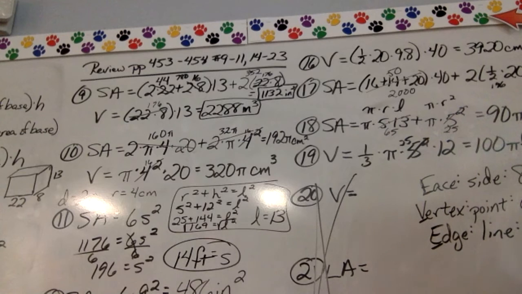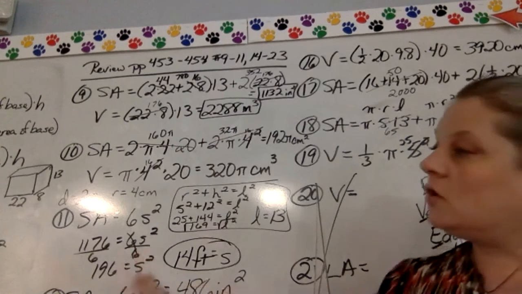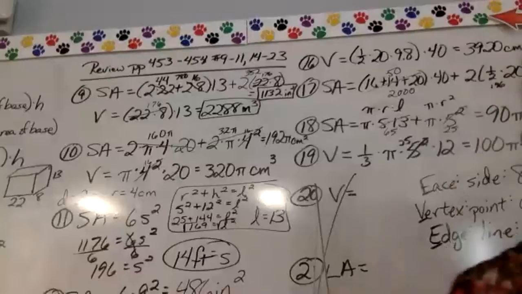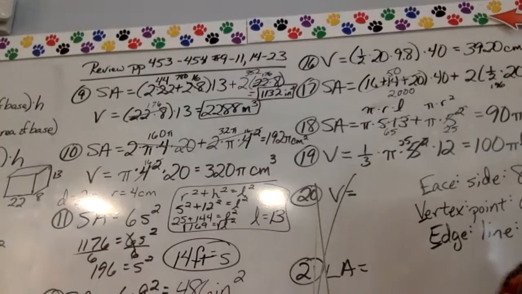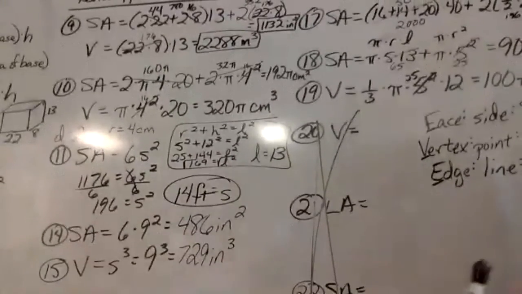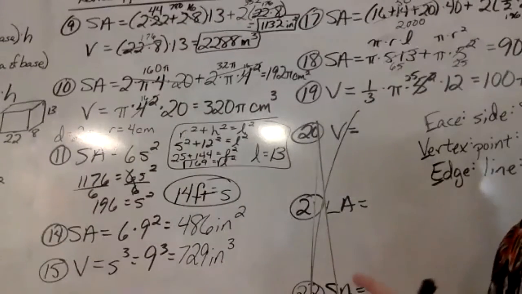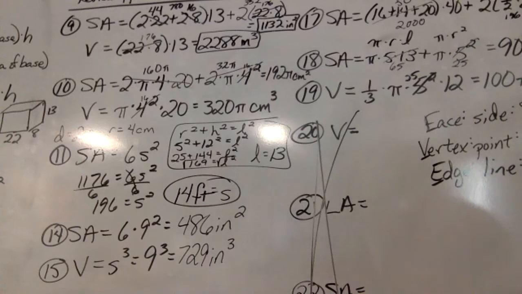For the pyramid, make sure you look at your pyramid that you have on your quiz. The pyramid on your quiz does not have a square base like all of them we did yesterday. It has a rectangle base. Okay, so for your lateral area, for a pyramid, it's 1/2 times the perimeter of the base.